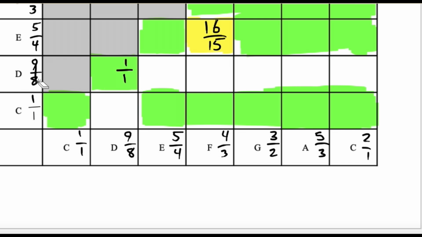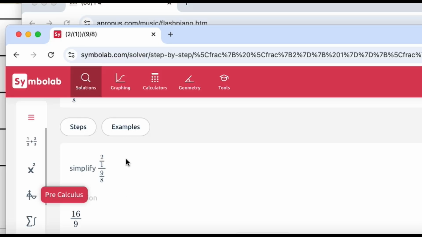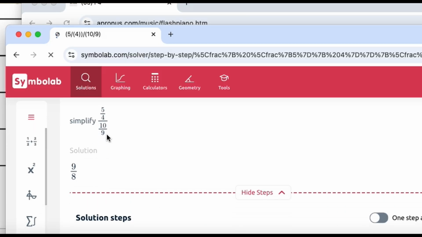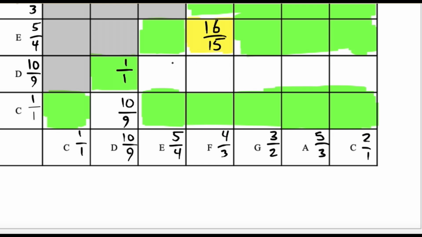Would that fix the problem? Historically, they did this when they were making musical scales in the past. They said, okay, maybe 9 over 8 didn't work, but maybe 10 over 9 will. So here you get 10 over 9, which could be considered fine. But now you have to do 5/4 divided by 10/9. So let's do it on Symbolab. It makes 9/8, so that's not bad.